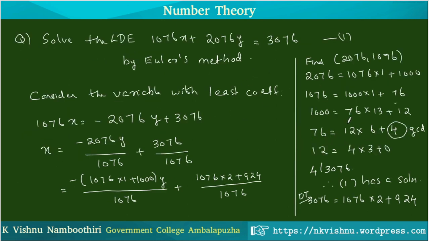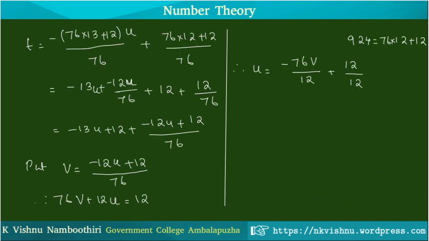GCD of 76 and 12 is equal to GCD of 1076 and 2076, which is again 4. The GCD of 76 and 12 equals 4, and 4 divides 12. Therefore this has a solution u and v integers.